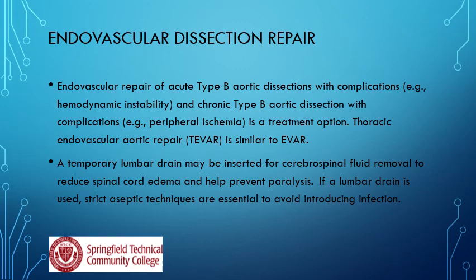The procedure is similar to endovascular aneurysm repair that was discussed in abdominal aneurysms. Some of these patients may be at risk for spinal cord ischemia because of swelling, and for these patients they can have a temporary lumbar drain inserted. These patients will be cared for again in the ICU after their surgery.